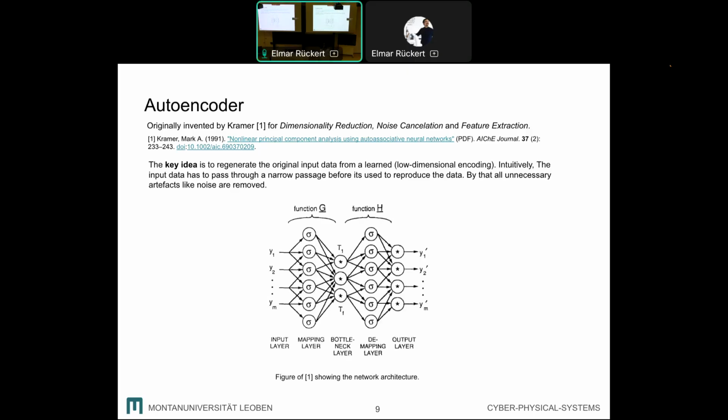So that's how you would see it in some research papers. This is from 91. So this idea is pretty old already, but it's now a very important concept. You see here that the inputs are denoted by Y1 to Ym, and the outputs are denoted by Y dash. The reason is that in the end, they should represent the same.